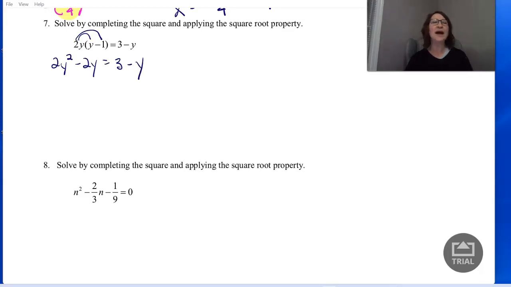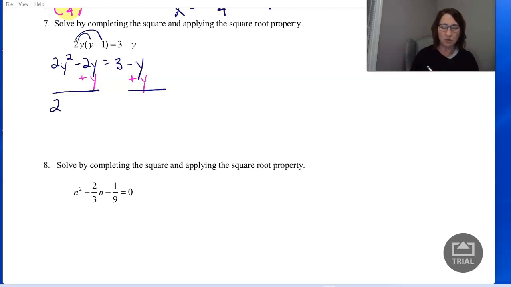I need to actually add y to both sides. And so I'm going to bring this y over. And so that is going to give me 2y squared minus y is equal to 3.